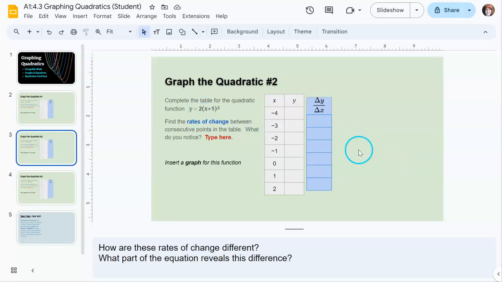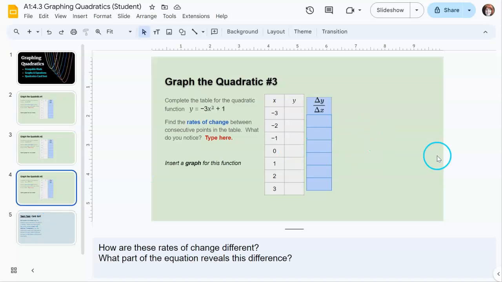Can you explain to me what this 2 here in front of the parentheses is telling you about this graph? And then the same thing here. What is this +1 telling you? What is this -3 coefficient telling you? So you could have those conversations and then go back into your Desmos activity again. So feel free to break that up however you need to.